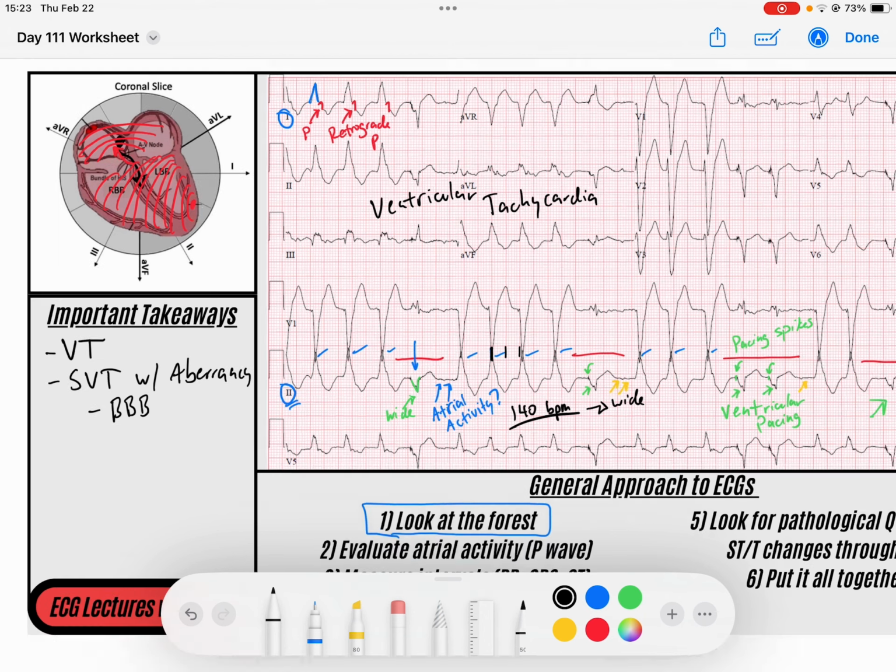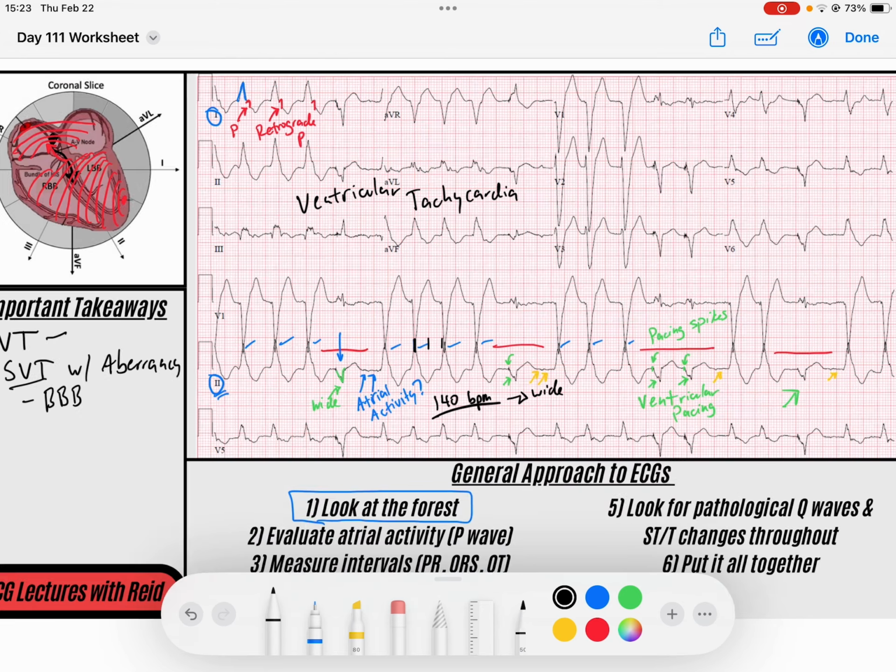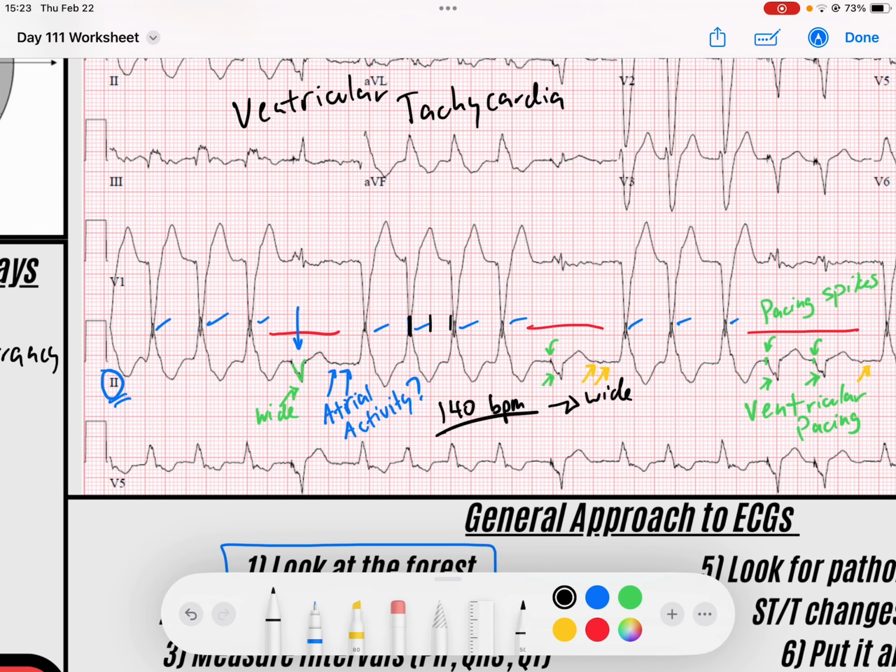Remember, when you see a wide complex rhythm, you say, is this VT if it's a tachycardia, or is it SVT with aberrancy? What you want to do is find what is happening when we start. Luckily we have these pauses with this intermittent ventricular pacing. This pacemaker is trying to pace this person out of the rhythm. So we can look for what happened when this rhythm started.